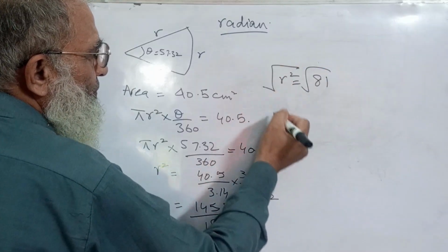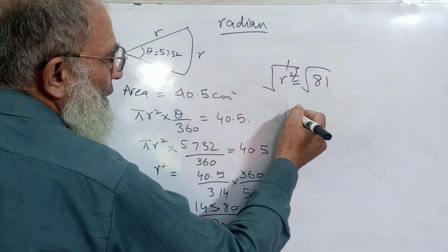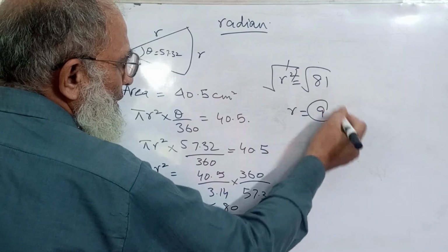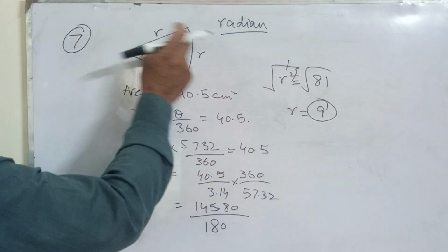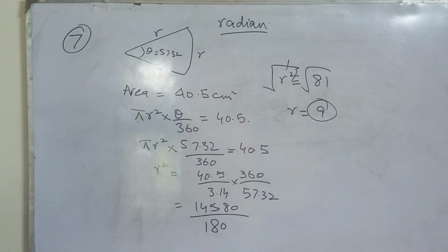Put this under root, it will become 9. So 9 is our answer. R is equal to 9, arc length is equal to 9. Everything is 9 here.